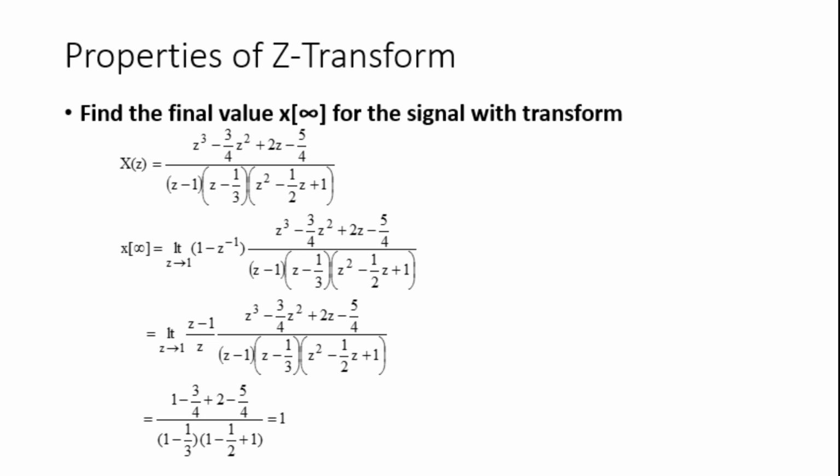One example on the final value theorem. Find the final value x of infinity for the signal with the transform x of z is equal to z cube minus 3 by 4 z square plus 2z minus 5 by 4 divided by z minus 1 into z minus 1 by 3 into z square minus 1 by 2 into z plus 1.